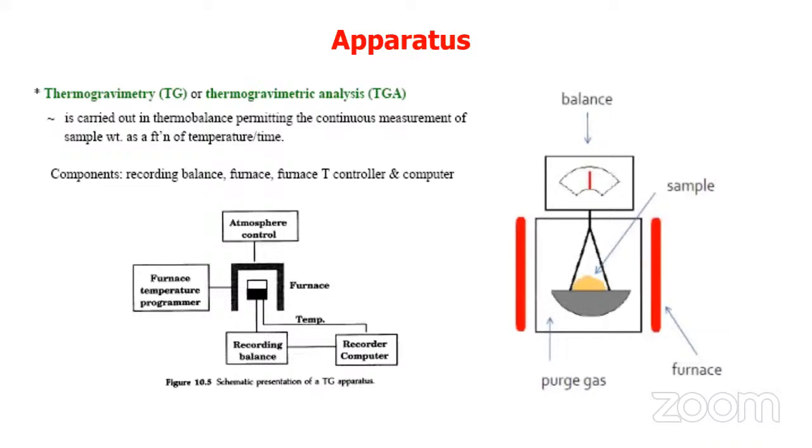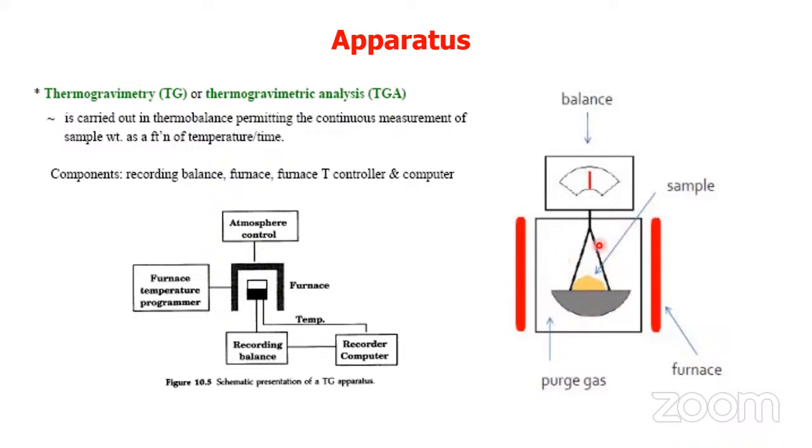So what exactly happens in this test we will see here in this slide. Generally this type of instrument involves a highly sensitive balance, with which a ceramic pan is attached, and on that ceramic pan we keep the polymeric material in an inert atmosphere or an air atmosphere.